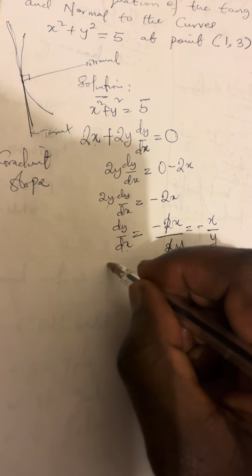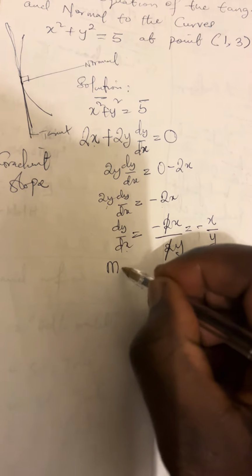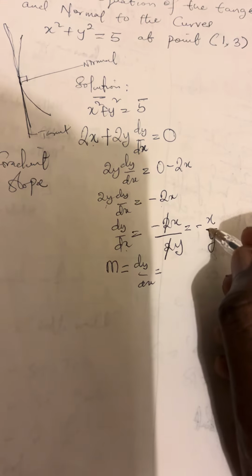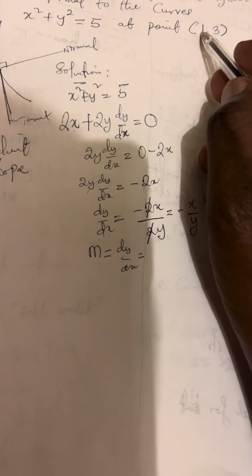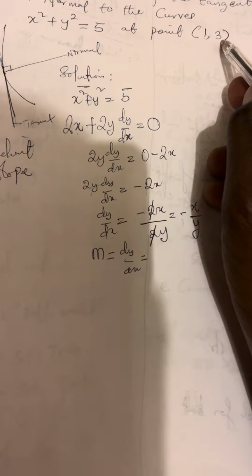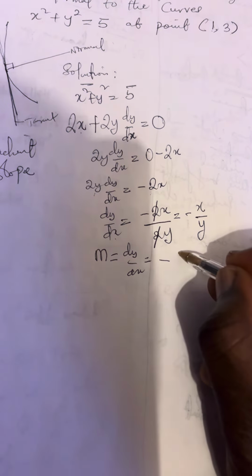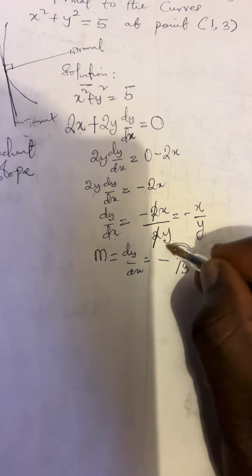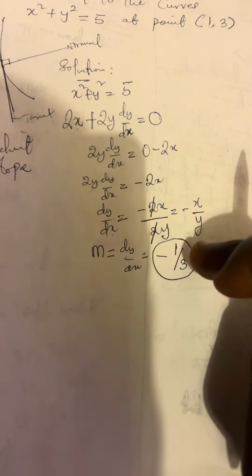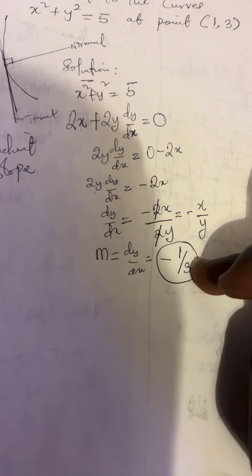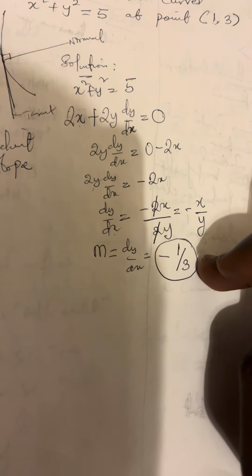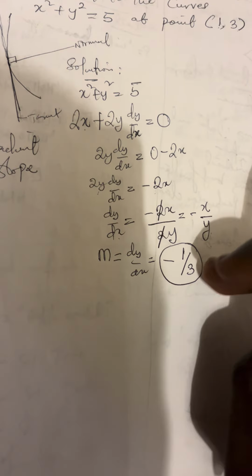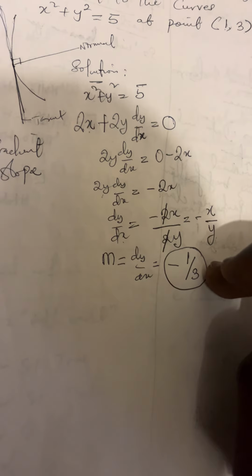So the gradient m, which is also dy/dx, at this point, where x is equal to 1 and y is 3, is minus 1 over 3. This is the gradient of the tangent at that point.